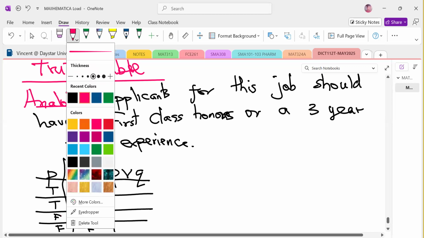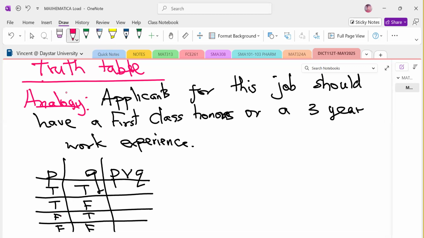Then there are 2 things here. One is the acquisition of first-class honors. So first-class honors will represent P. And then work experience will represent statement Q. So this is how we are going to interpret this analogy.